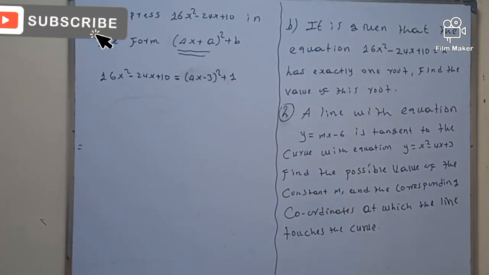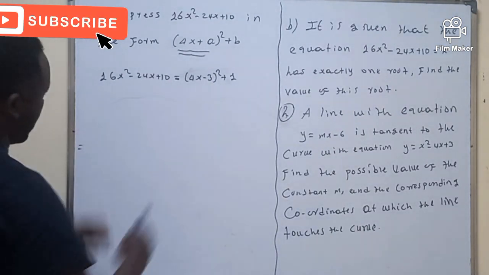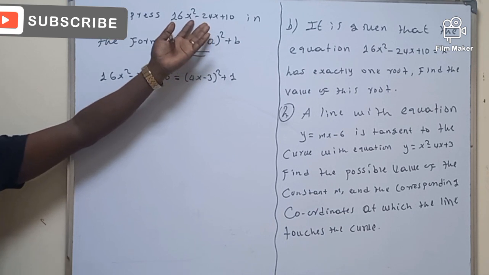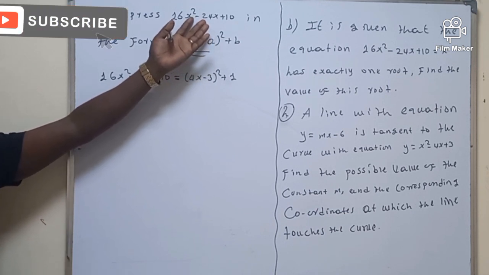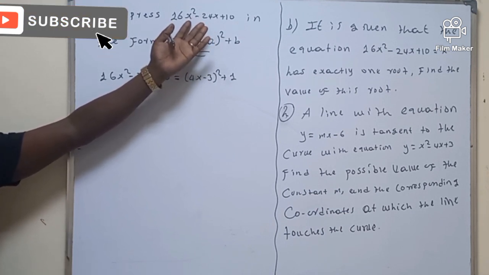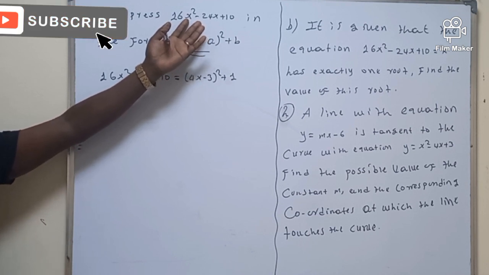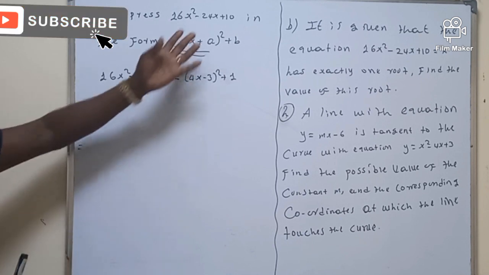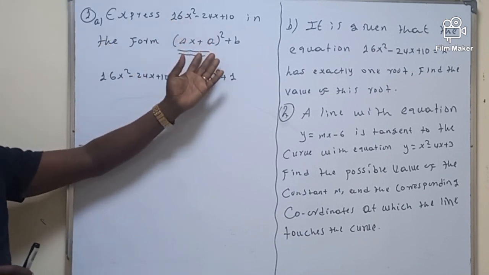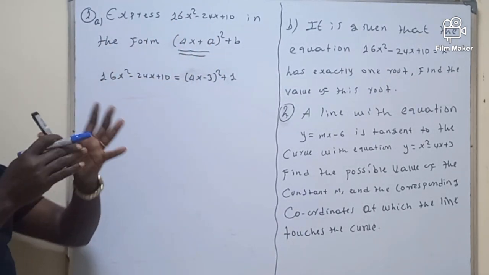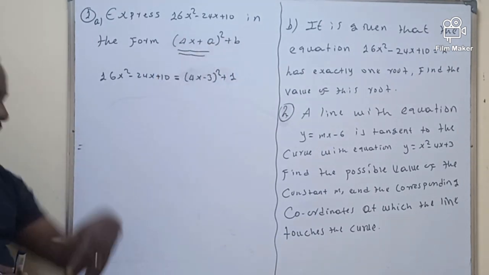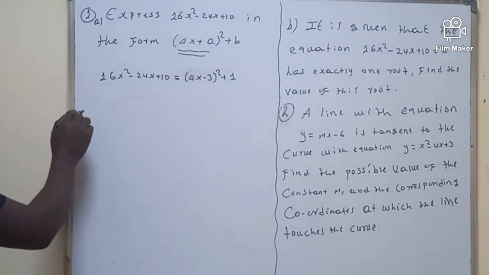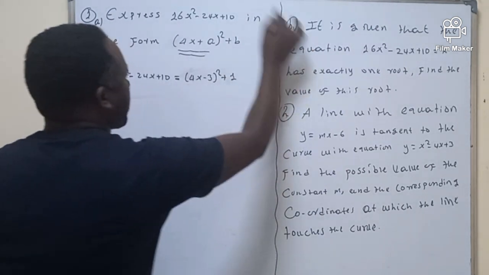For the second way, you can express this as a product, using the completing the square method. When we are using the completing the square method, we can describe this in the form of this one. And then when we are equalizing those, you can find a and b from that description. So that's the second way. Anyway, now let's come to how we are going to do part b.